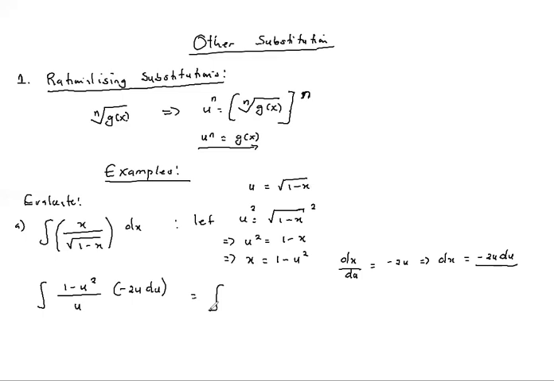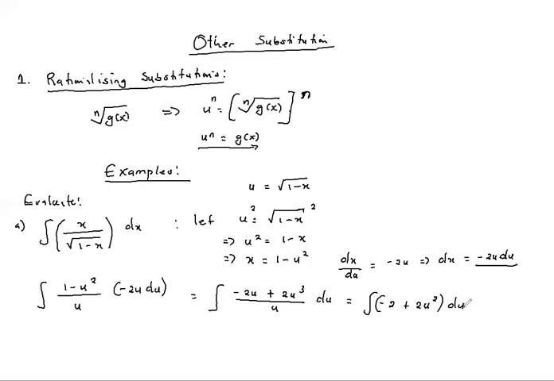So if we expand the numerator there, we'll get negative 2u plus 2u to the power 3. And we are dividing by u throughout, and then du, which gives us the integral of negative 2 plus 2u squared du.